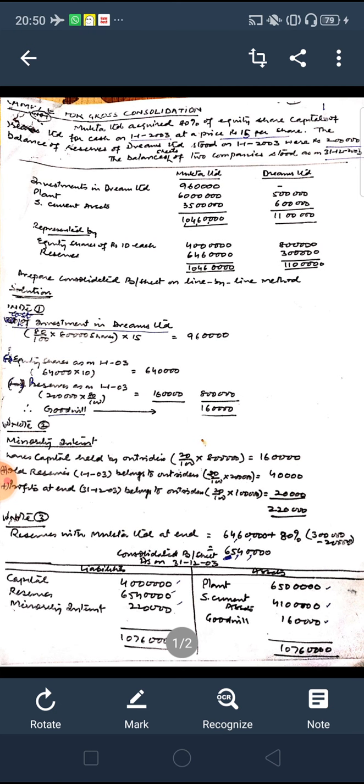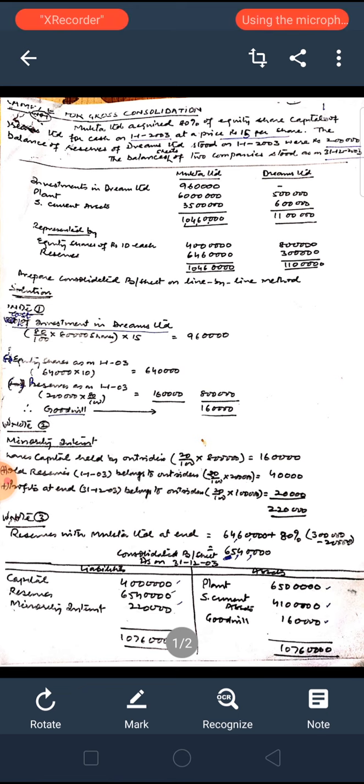Then going to the consolidated balance sheet as on 31st December 2003: the investor company has capital of 40 lakhs, reserves calculated in working note number 3, that is 65,40,000, and minority interest from working note number 2, that is 2,20,000. On the other side, under the line-by-line method, we add up the total value irrespective of the proportion of shares held.